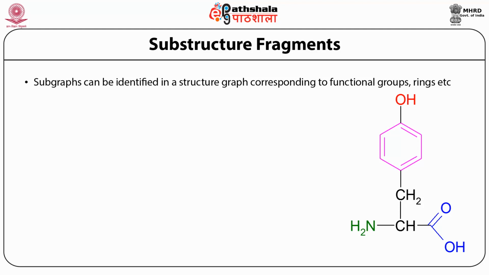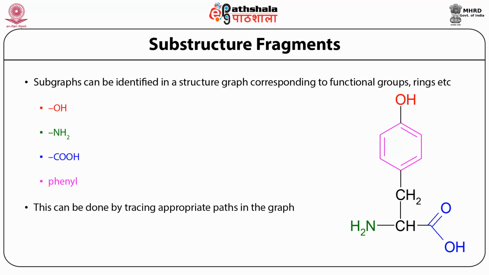Now, we have functional groups: hydroxyl, which is shown in red; the greens are NH2; the blue is COOH. The phenyl group is another functional group, shown in magenta. If we want to trace this as subgraphs, we can divide the whole molecule into 4 subgraphs which are important as functions.